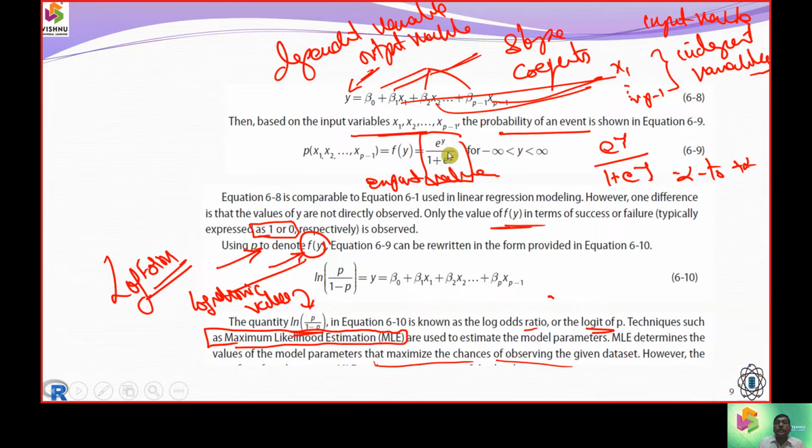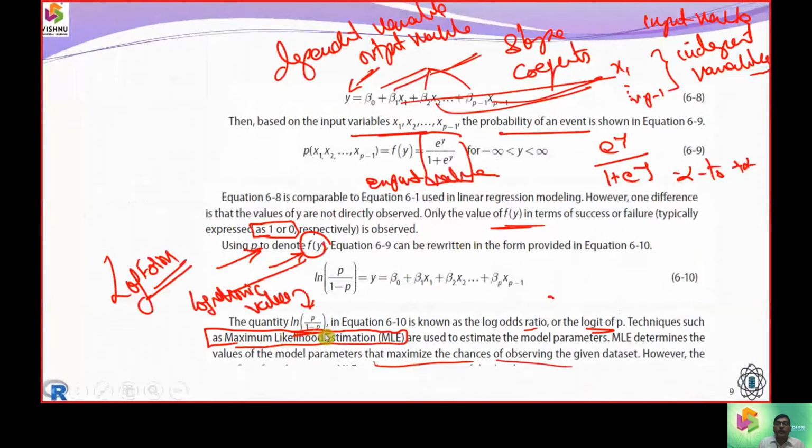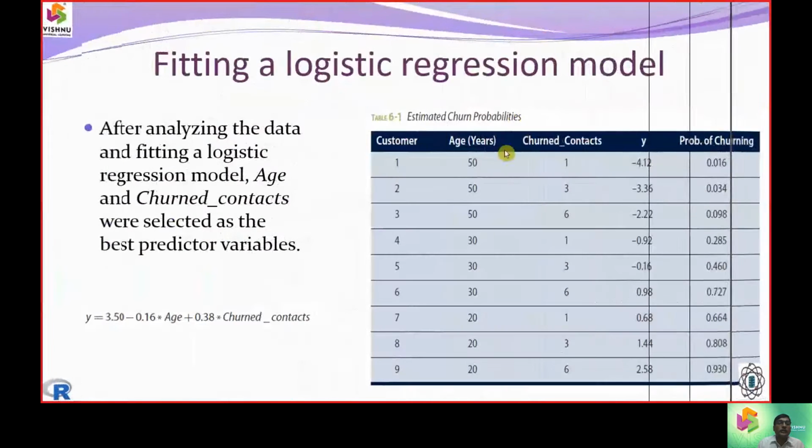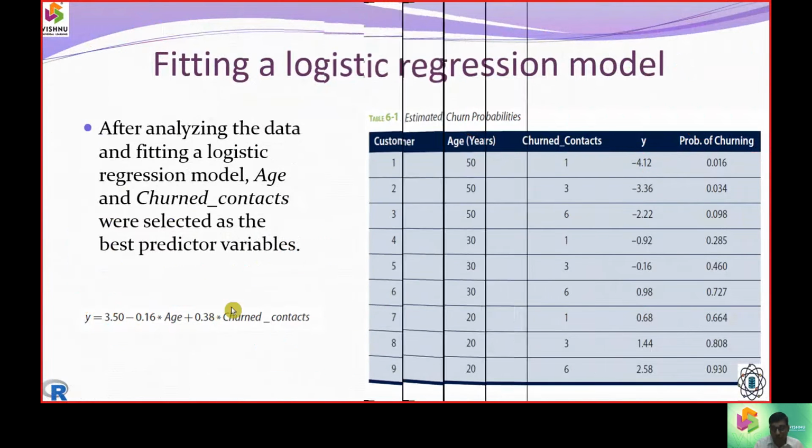We compute the exponential power of that, and thereby we use a log linear function, that is the log of the probability p divided by 1 minus p of y for all the elements, and thereby we identify the maximum likelihood of the logit function. So using this formula, we were able to identify the maximum likelihood, and we derived 3.50, 0.16 and 0.38.